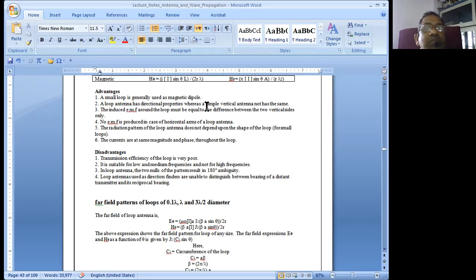So the induced EMF around the loop must be equal to the difference between the two vertical sides only. So how much is the induced EMF? The induced EMF is simply the difference between the two vertical sides of the loop antenna. Every loop antenna has two sides.